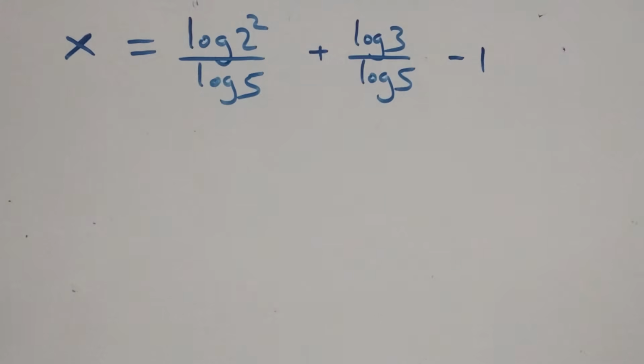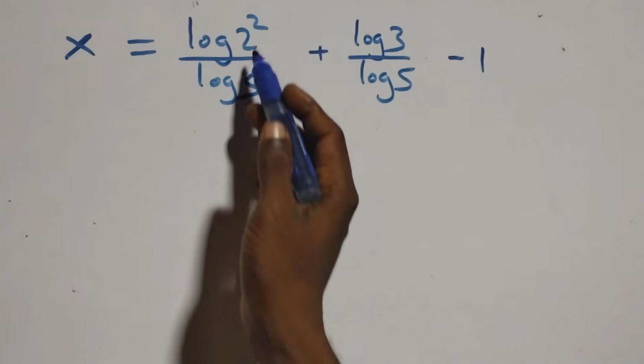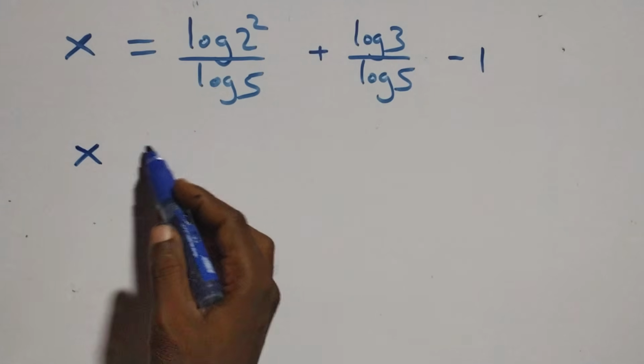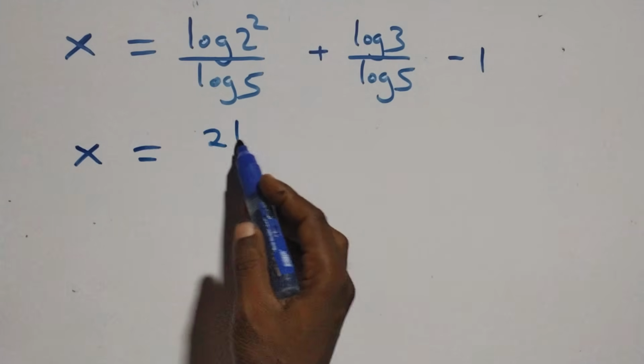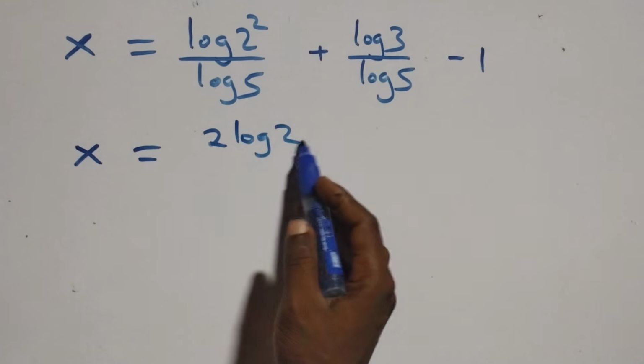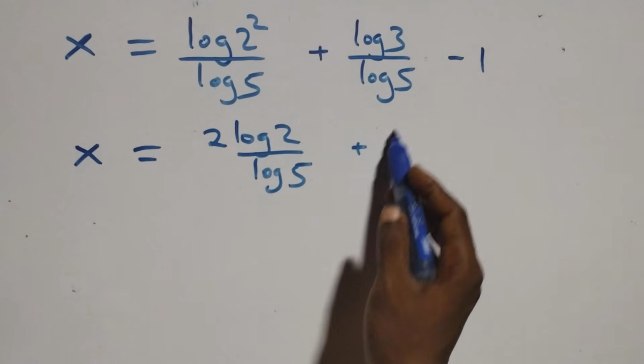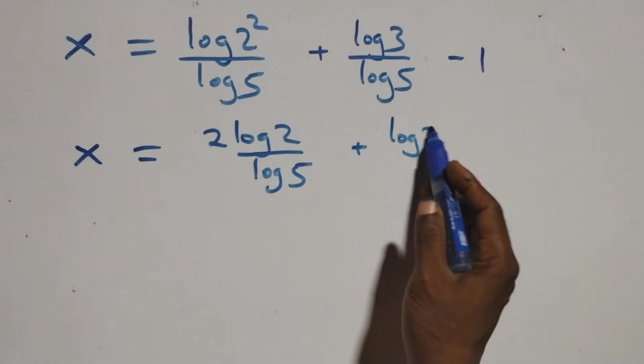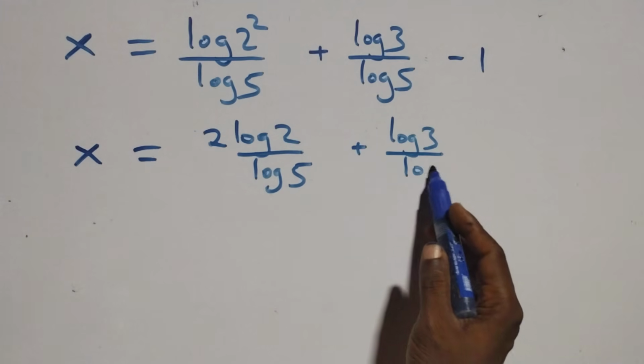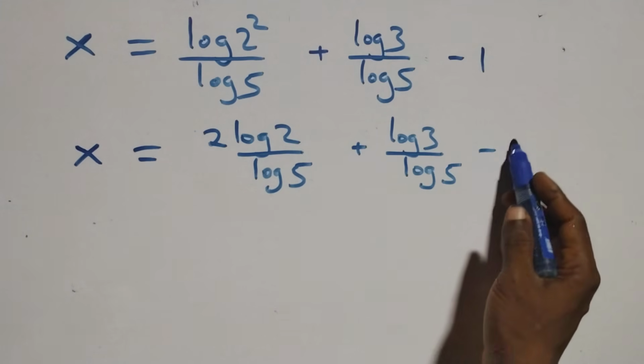Then here we apply the power law of logarithm. 2 comes here and we have x equals 2 log 2 over log 5 plus log 3 over log 5 minus 1.